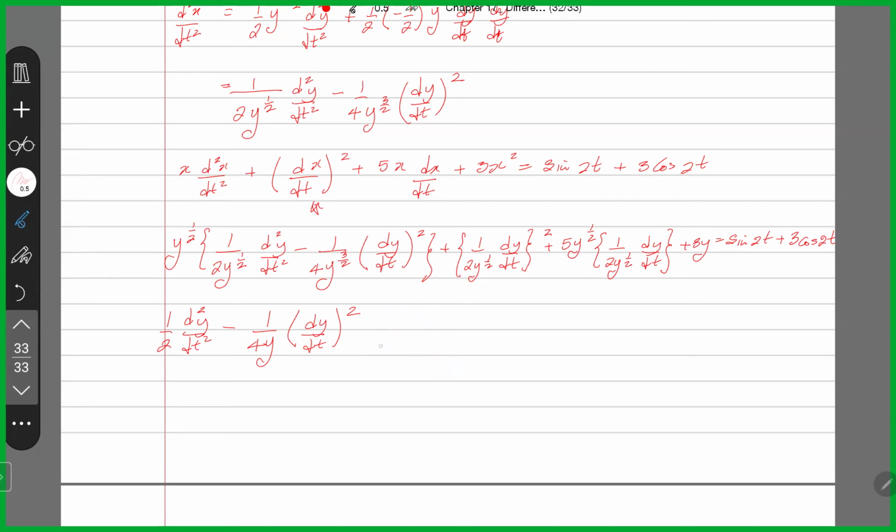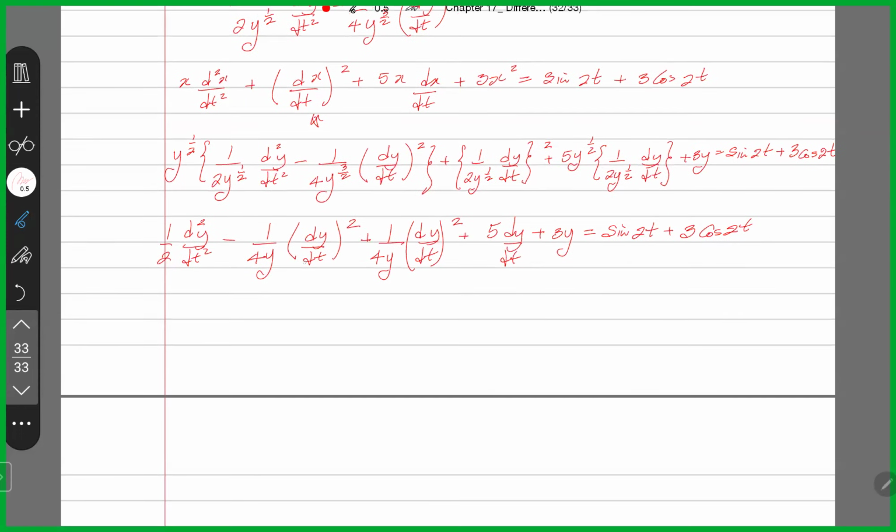All right, so erasing here, we have plus 1 over 4y dy by dt squared plus 5 dy by dt plus 3y is equal to sine 2t plus 3 cos 2t.